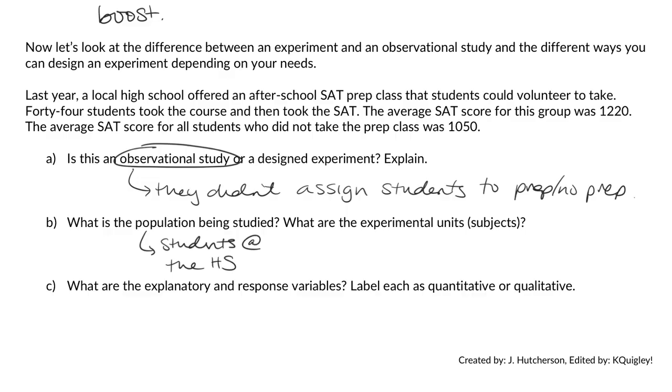Because we're applying our findings from the sample that we took and comparing it to the whole population to see whether this affected the population. Which means that our experimental units are going to be the 44 students who did the prep course.